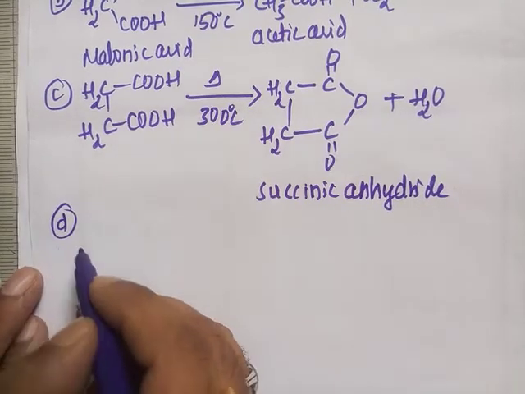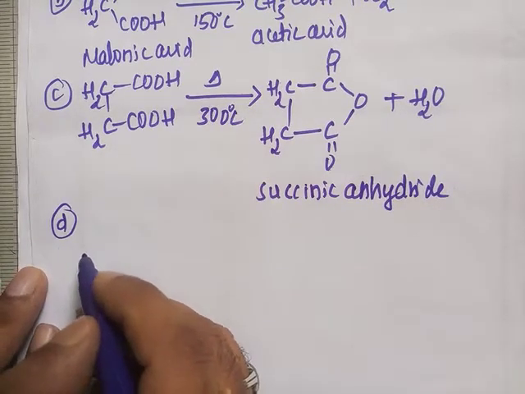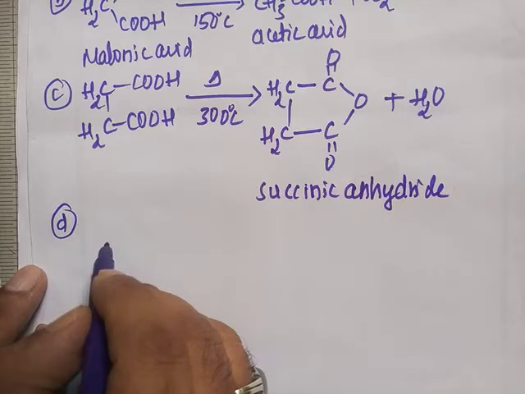The next example of a dicarboxylic acid is glutaric acid.